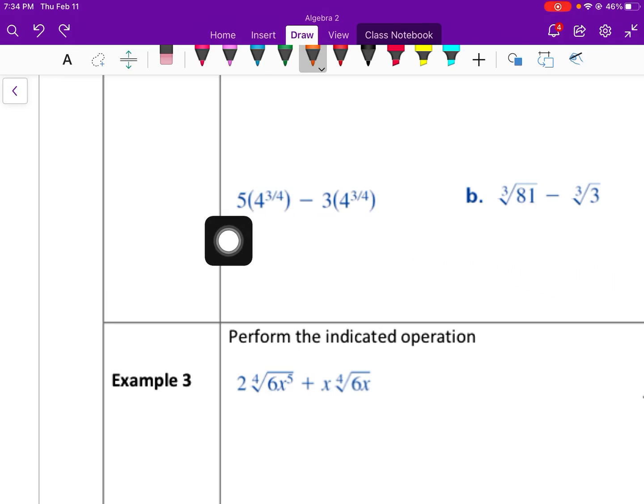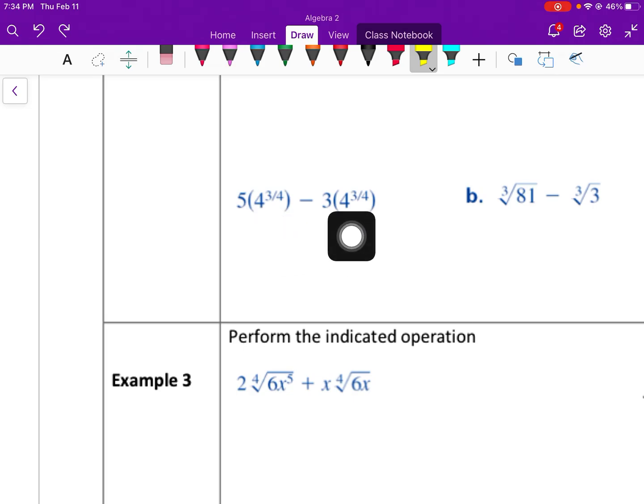Alright, once again here, I'm not going to multiply or simplify this 4 to the 3/4 power. I'm just going to leave it as it is. That's why we have the quantity around it. So what we're looking for again is, are these terms here the exact same? Don't look at the coefficients of 5 and 3.